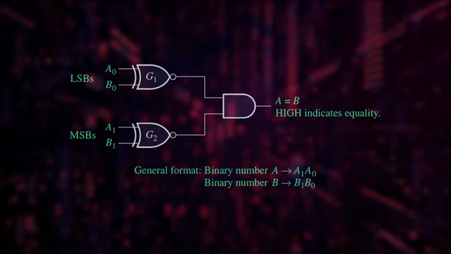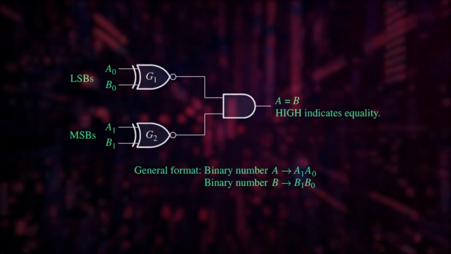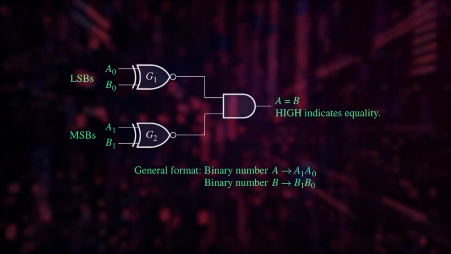So, let us see how to compare binary numbers containing 2 bits each. In order to compare binary numbers containing 2 bits each, an additional exclusive NOR gate is required. Observe the logic diagram for comparison of 2-bit numbers.